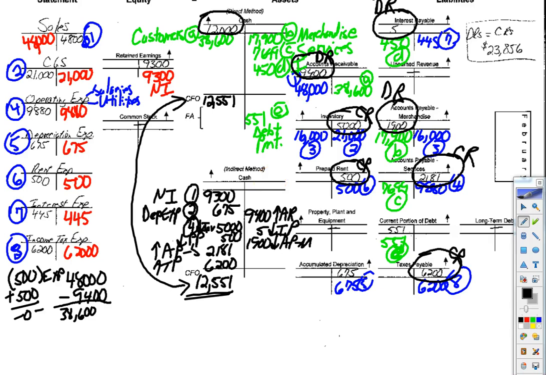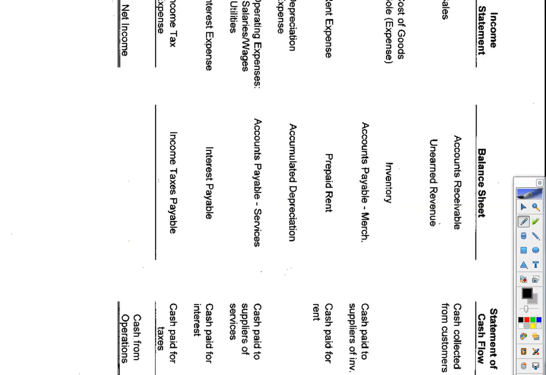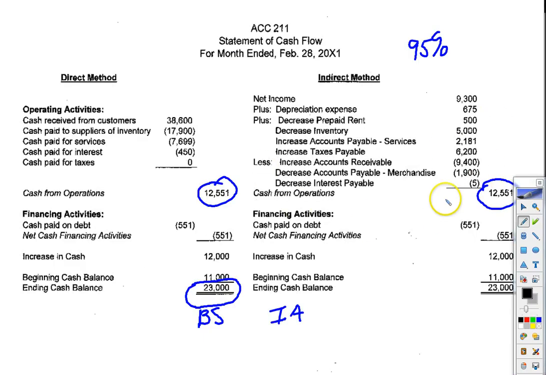Okay, and we can go back and look at our cash flow statement, right, that's exactly what we had. So I could take that T account at the bottom and take net income, add depreciation, add these items in, and notice it shows whether it's a decrease or an increase. Go to the other side of the T account, subtract those items to get our $12,551.